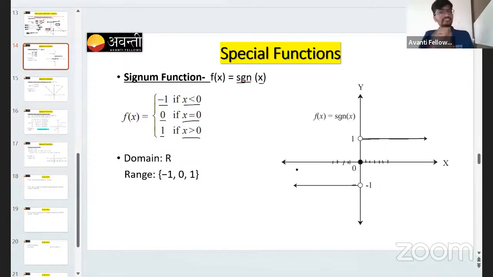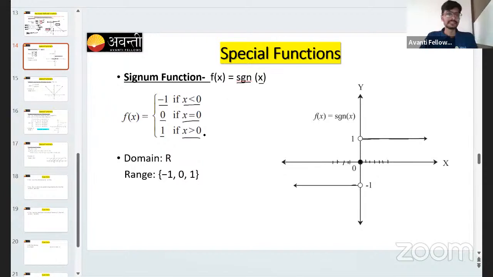So it is a very simple function known as the signum function, which basically divides the line into three parts. Part 1, x less than 0, part 2, x greater than 0, and part 3, x equals 0. Now if we talk about the domain, it means the value of input, the value of x.